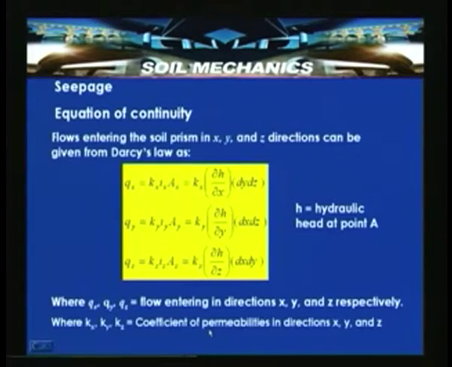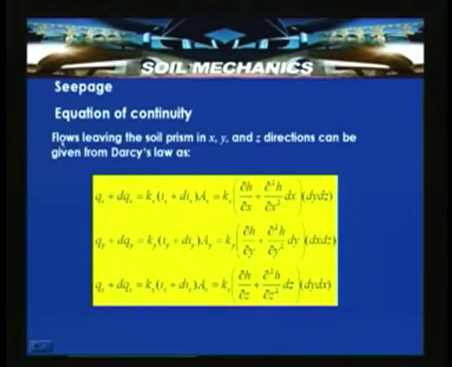Because the flow occurring in x, y, z directions is not equal, because of the anisotropic conditions we are considering kx, ky, kz. If kx is equal to ky is equal to kz, then for the isotropic case we can say that kx is equal to ky is equal to kz is equal to k.